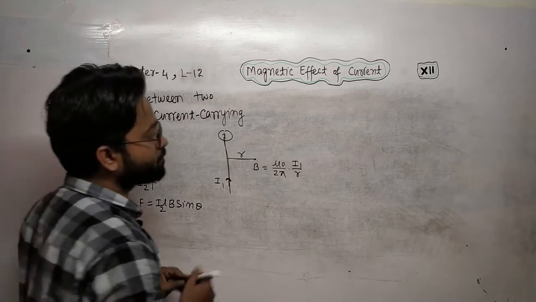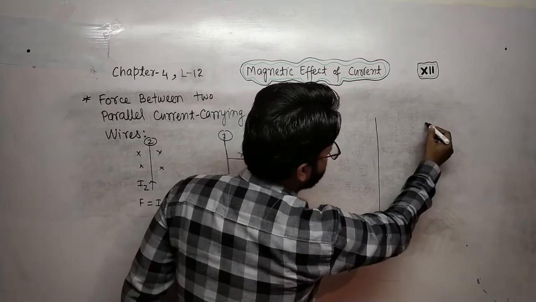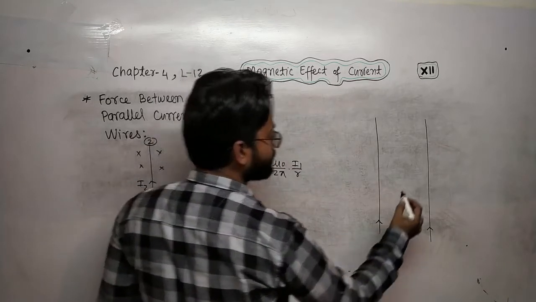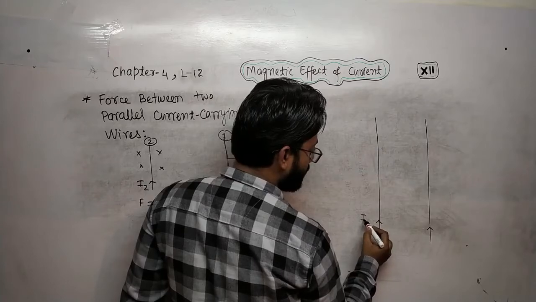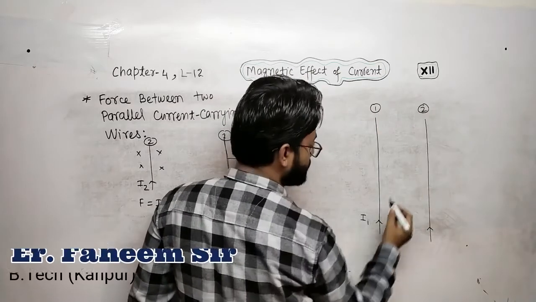Let us suppose two wires are there. This is wire number 1, and this is wire number 2.